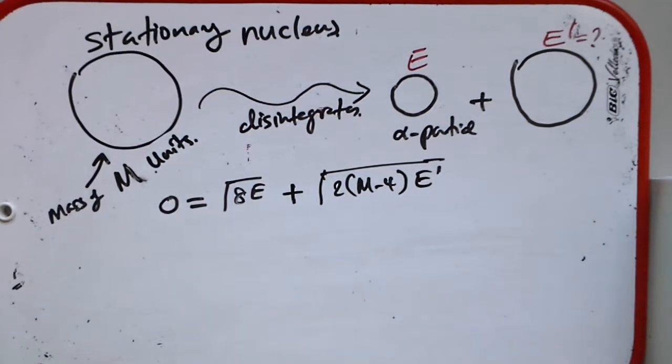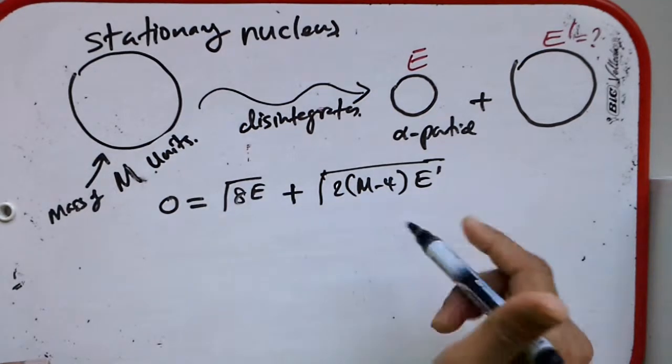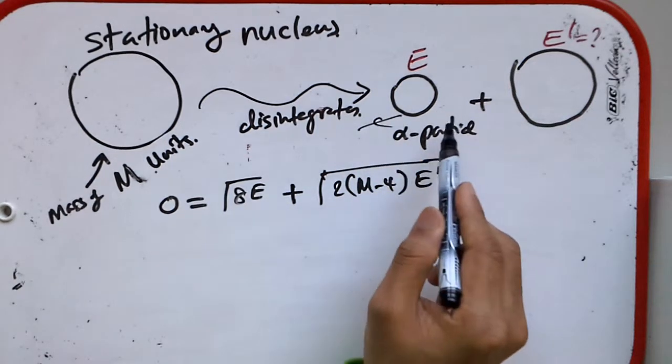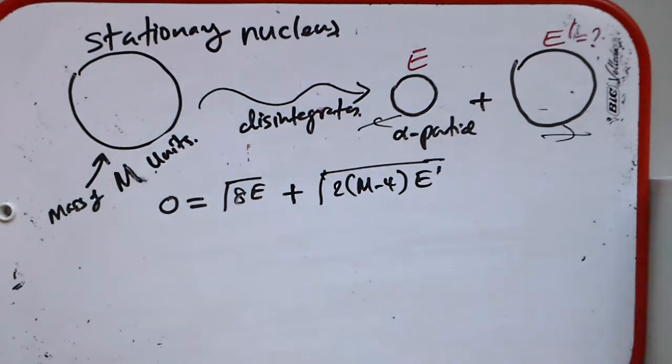Okay, remember this should be a minus sign, obviously, because if the momentum of the alpha particle is this way, the momentum of the residual nucleus should be in the opposite direction. Because momentum is a vector quantity, so by intuition you can guess this.